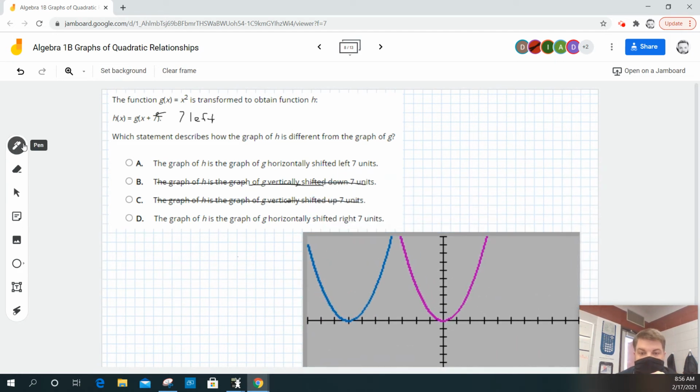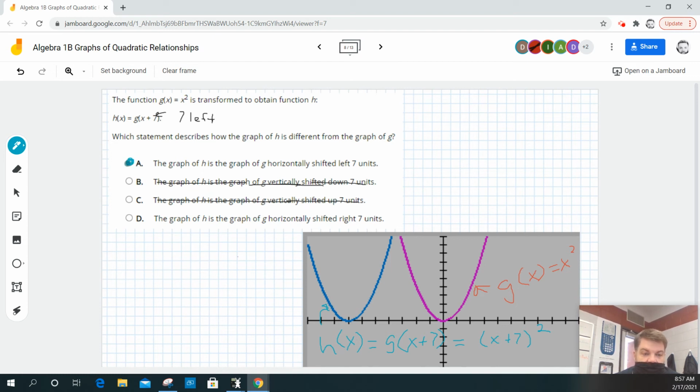Where this one here is g of x, which is just x squared. And then the blue function is my h of x, which is g of x plus 7, which is the same as saying x plus 7 squared. Okay?